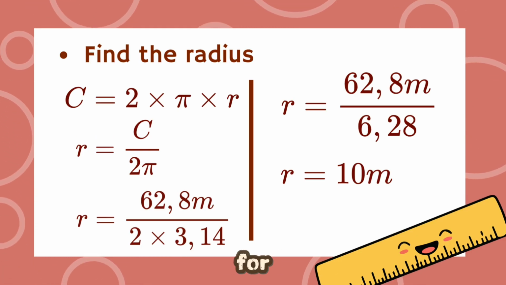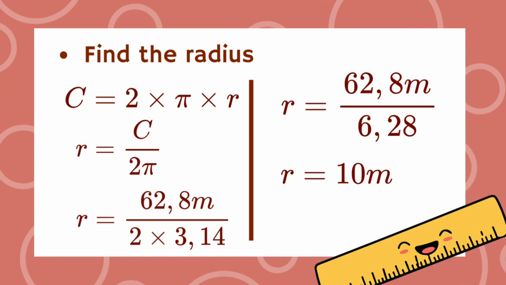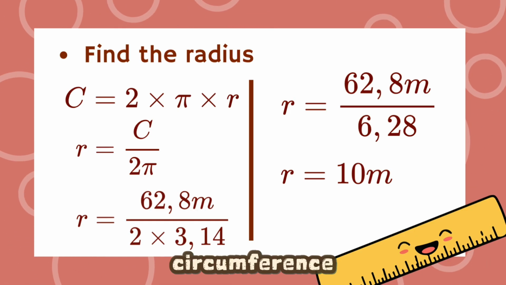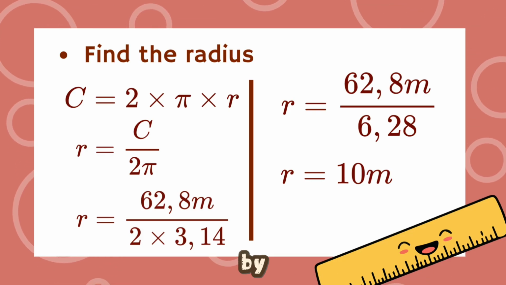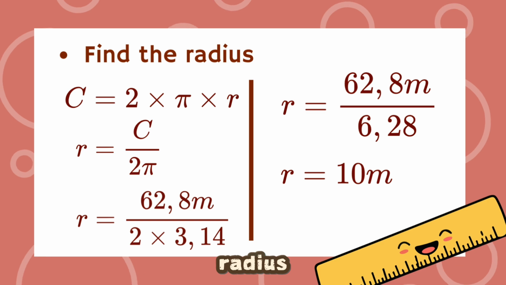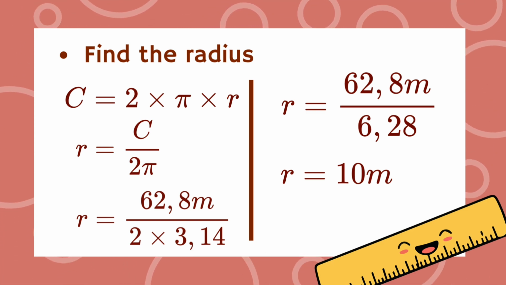The formula for the circumference equals 2 times pi times radius. We want to find the radius, so we have to divide the circumference of the circle by 2 times pi.